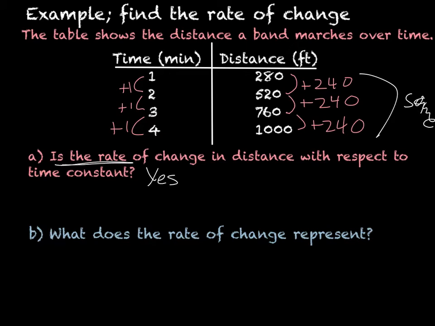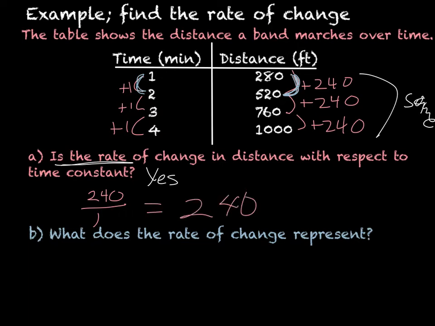Yes, it is constant. And what is that rate? Well, to find that rate, just like we did before, we're going to take 240, because that's our change in our y right here, and our change in our x was 1, so divided by 1, which is 240.